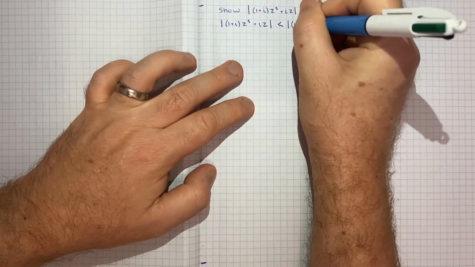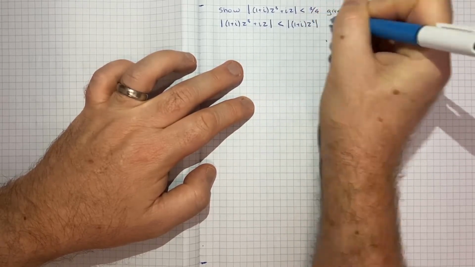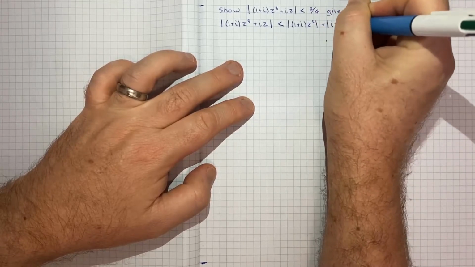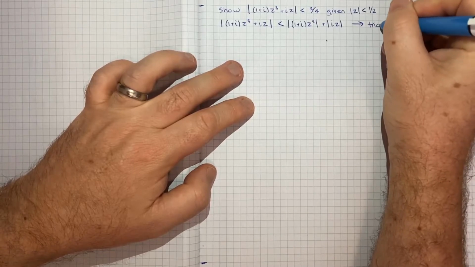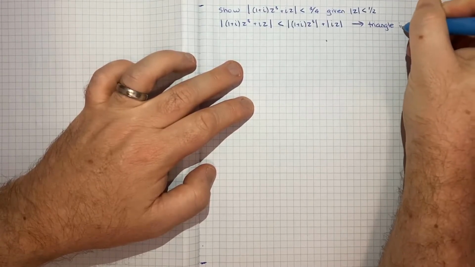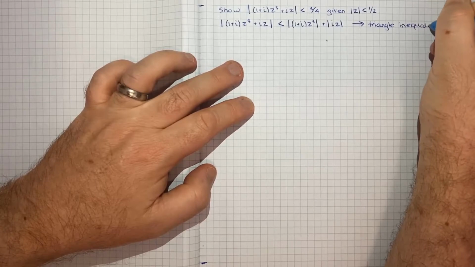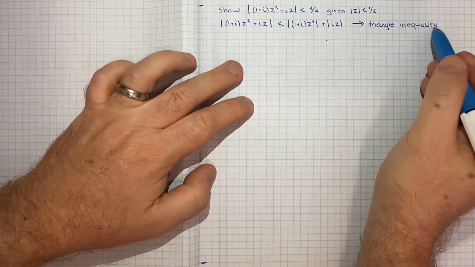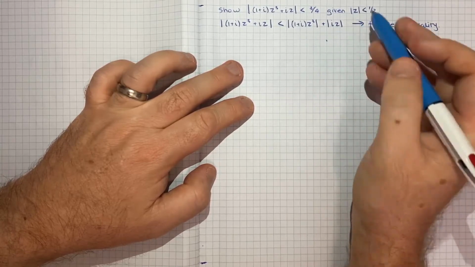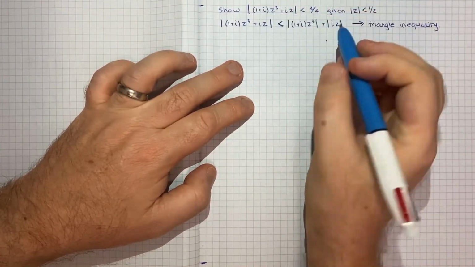So the modulus of (1 + i)z cubed plus the modulus of iz. And the reason we can say that is a result called the triangle inequality, which hopefully you've encountered. If not, go have a look. It's something that once you've seen it proven, you don't need to prove it every time. You can just rely on it as a result.